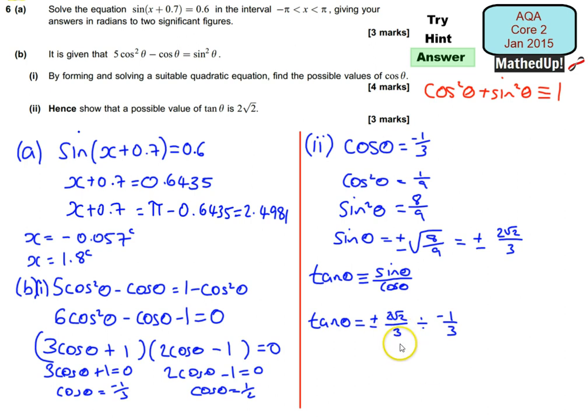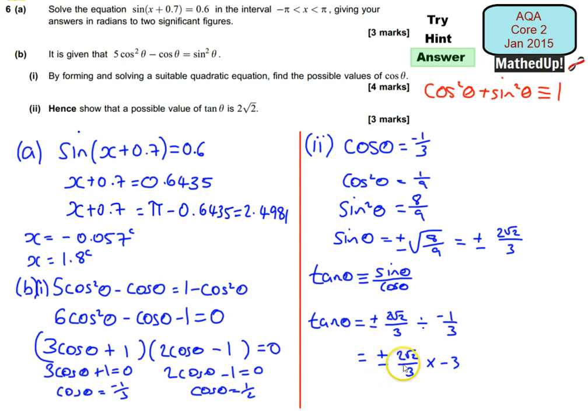Okay, so that's going to be the same as multiplying by negative 3. So that's going to be equal to plus or minus 2√2 over 3 multiplied by negative 3.